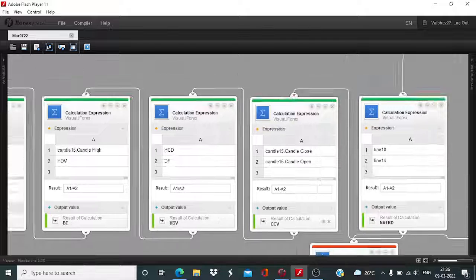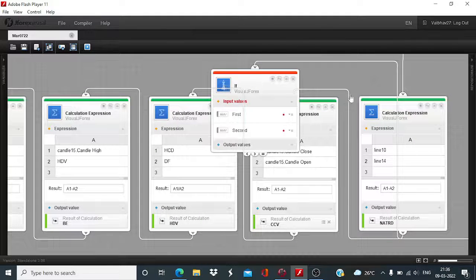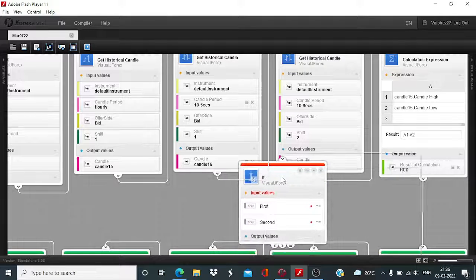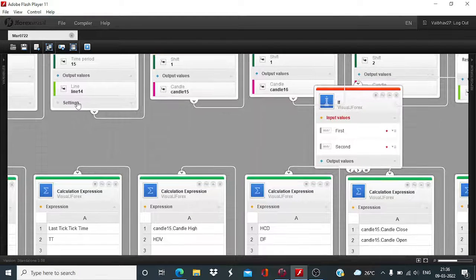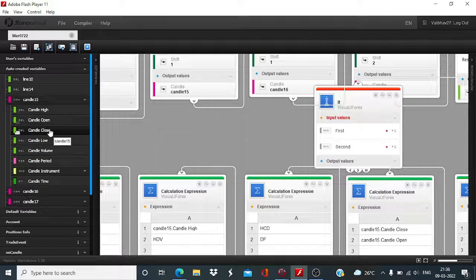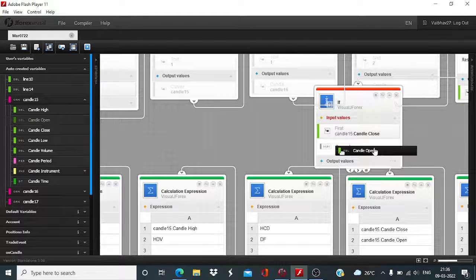Afterwards, the last hour's closing value needs to be lower than the opening value. So we have to compare candle 15 candle close with the candle 15 candle open.